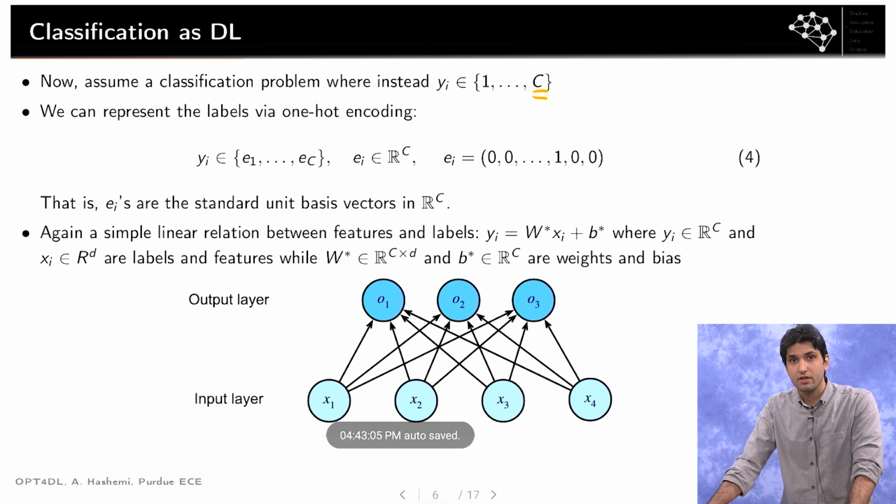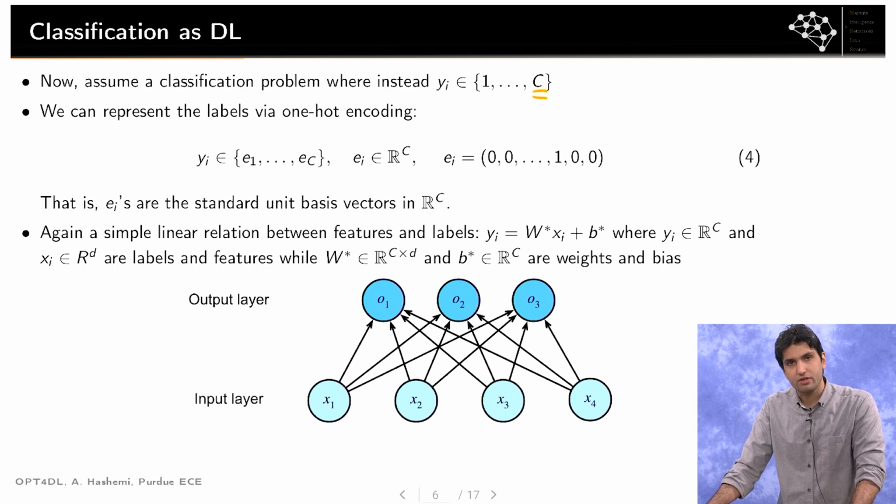And in both of these data sets, we have a classification problem with 10 classes. So C is equal to 10. Okay. But C could be even larger for a lot of other data sets that are very frequently used in the literature to test the capability of deep learning models and deep learning training algorithms.